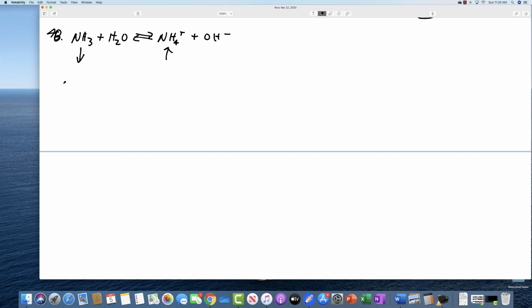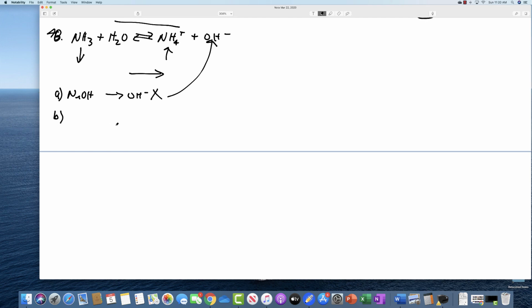Which of the following, A, B, and C, will drive the reaction from this side to this side, or to the right? If we look at the first one, the addition of NaOH. Well, if you add NaOH, what are you really adding? You're adding OH ions. And if you add OH ions, that drives the reaction this direction. So that's no. That doesn't increase the percentage.